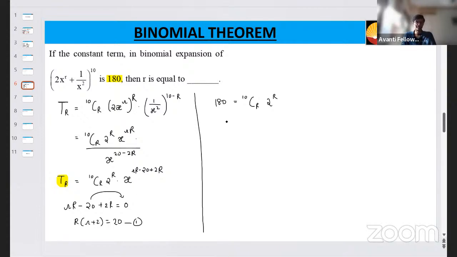Correct? Now, what is capital R? 20 upon R plus 2. So, how could we simplify it? सोचो. Did we make an error?